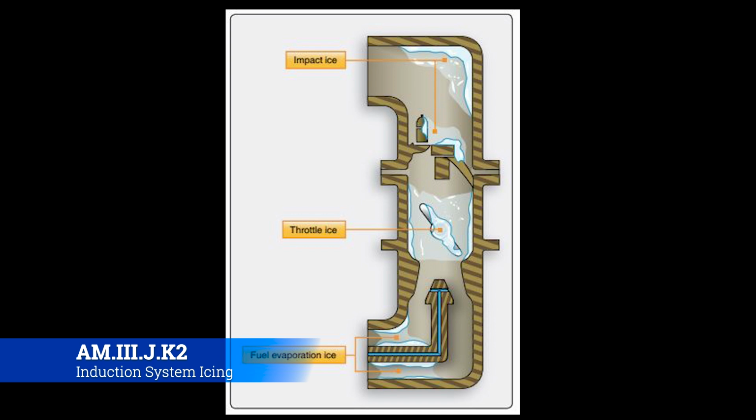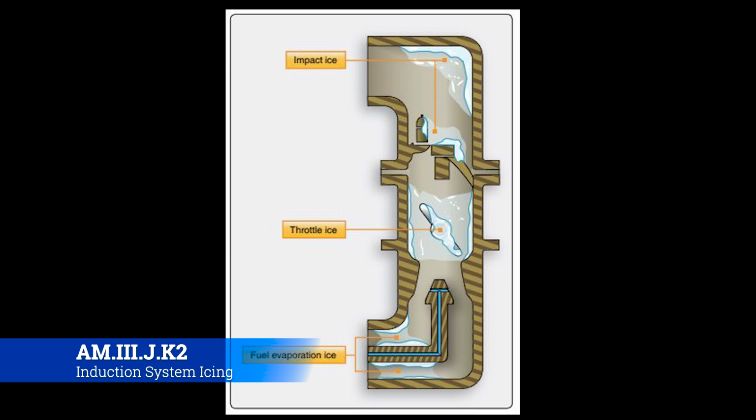As the plane flies along, that cold air hits a single spot, in this case inside the induction system, and you start to cool it off to where it becomes very conducive to freezing, in this case in this little elbow area inside of the induction system.